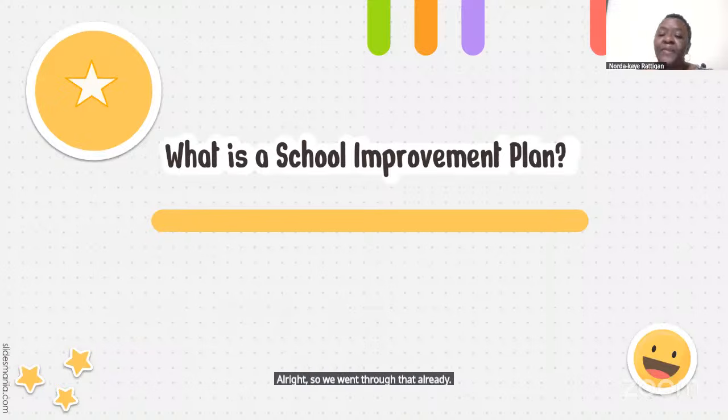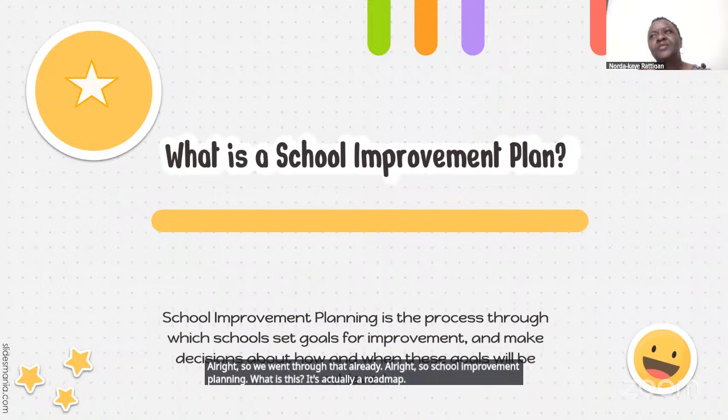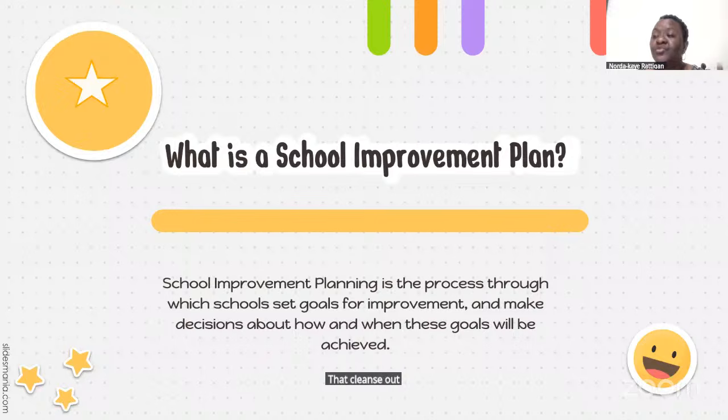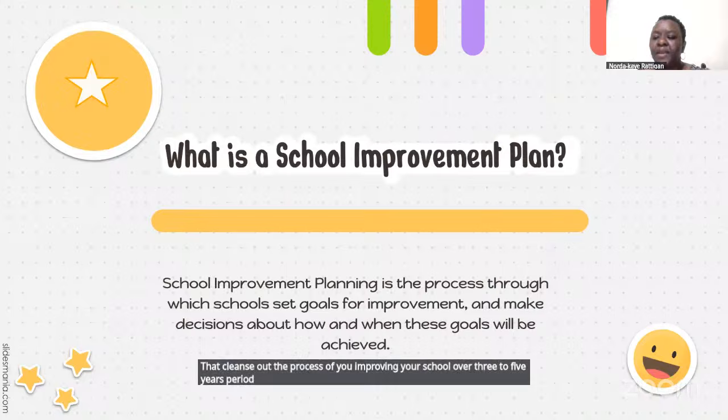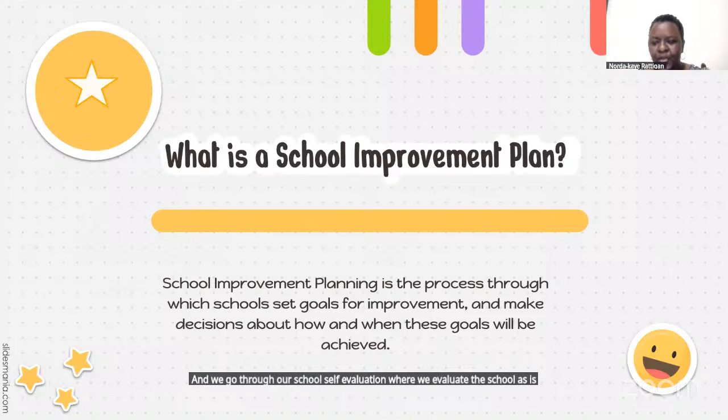All right, so school improvement planning. What is this? It's actually a roadmap that plans out the process of you improving your school over a 3 to 5 year period. In Jamaica, we work with a 3 year plan and we go through our school self-evaluation, where we evaluate the school as it is right now.